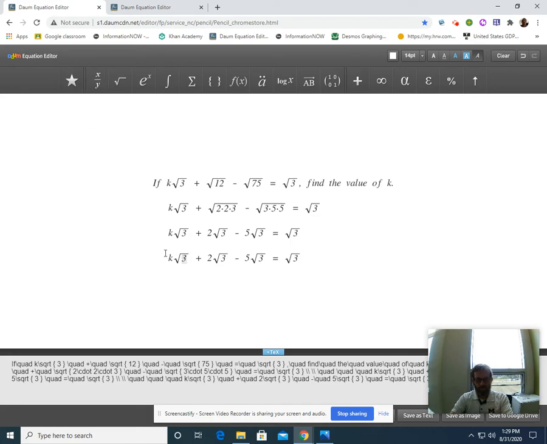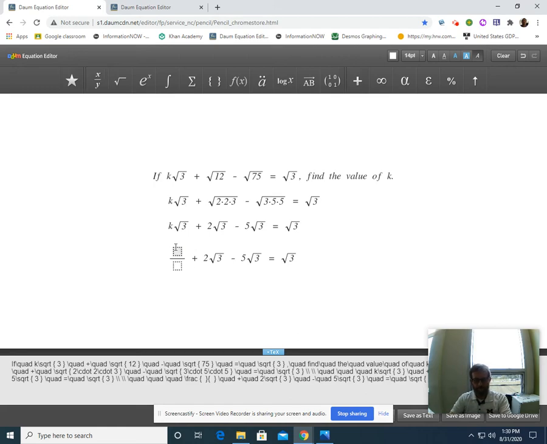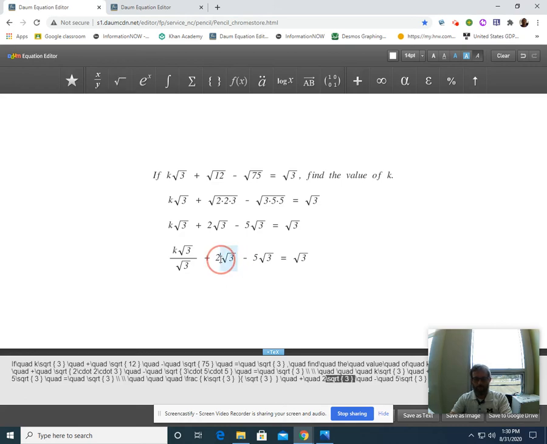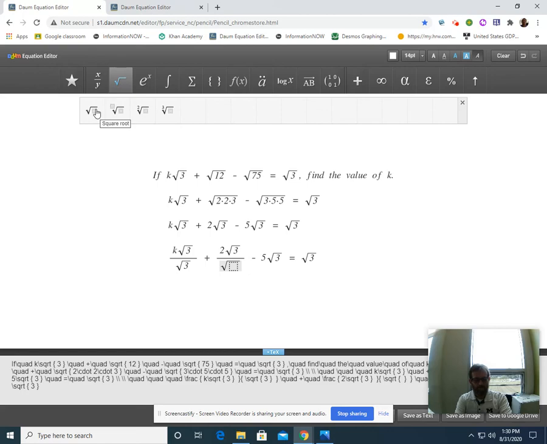K root 3 over the square root of 3, 2 root 3 over the square root of 3, 5 root 3 over the square root of 3.